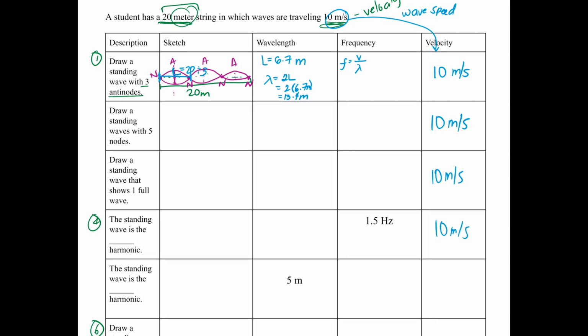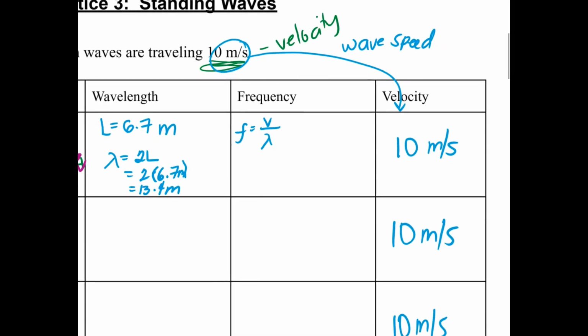So the frequency is going to be our velocity of 10 meters per second over our wavelength of 13.4 meters.